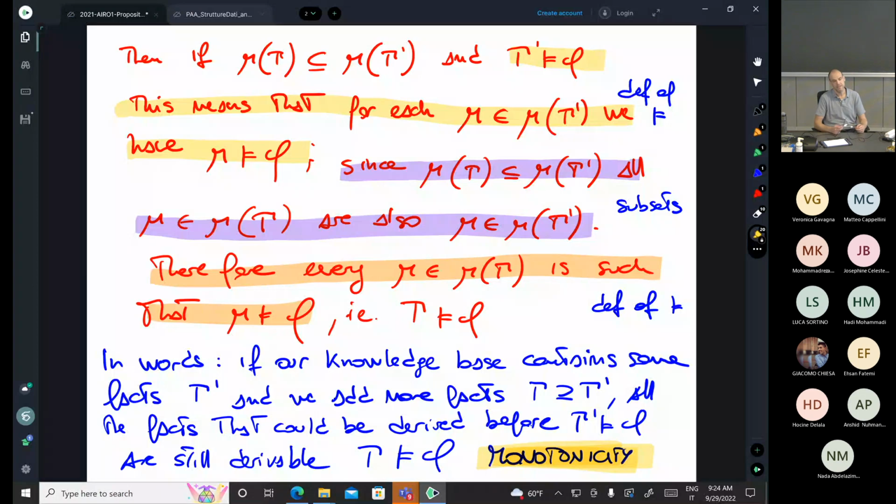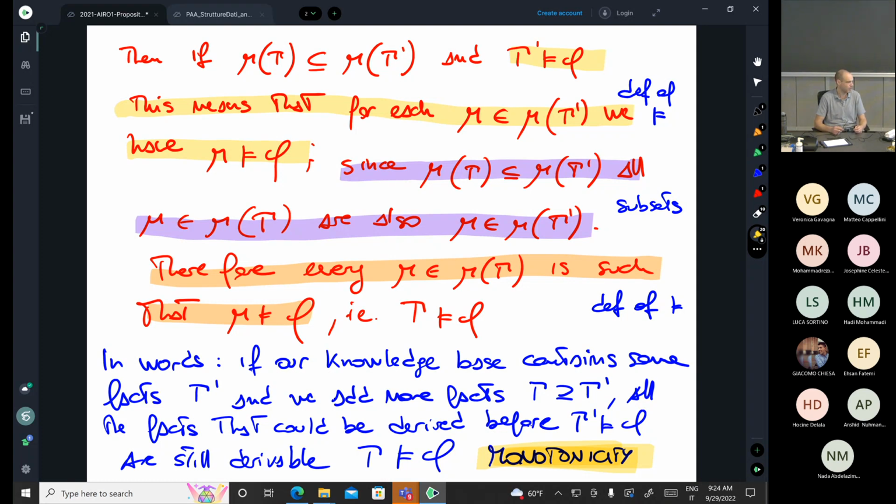Does this mean that reasoning in propositional logic is useless? No, it works as long as we can ensure that we are dealing with a world where monotonicity is a good model of what's going on.